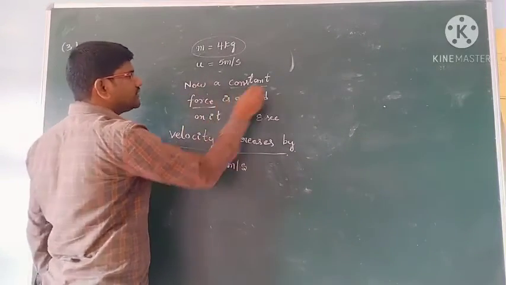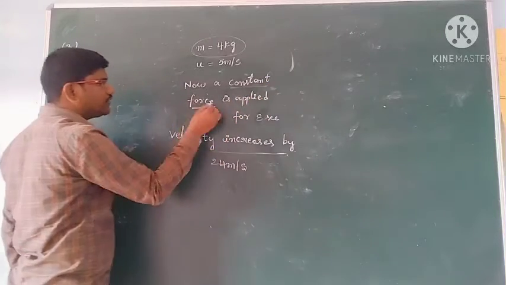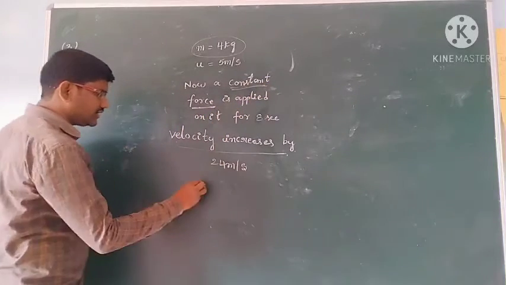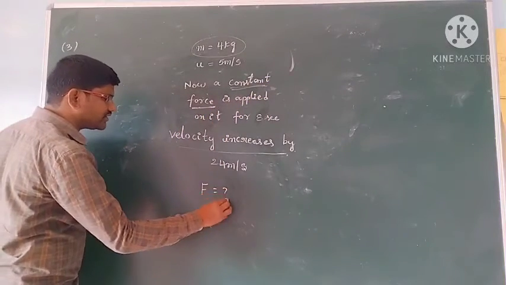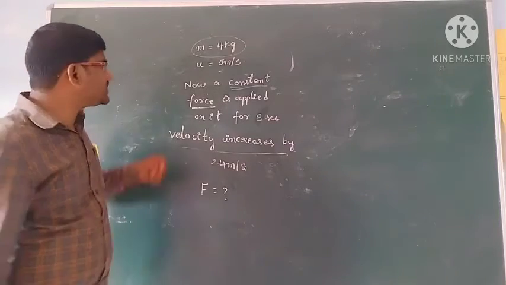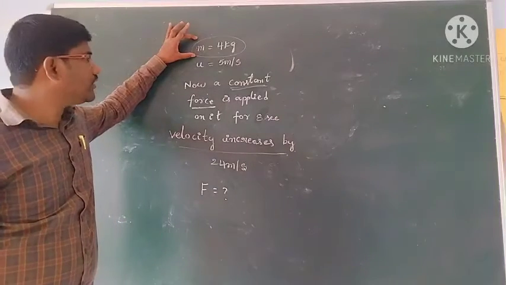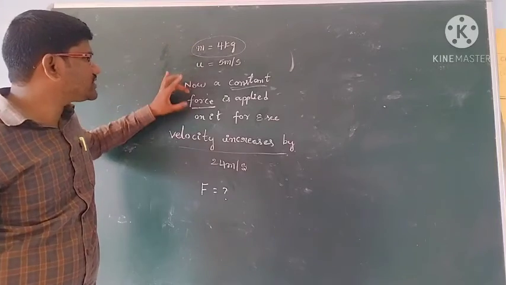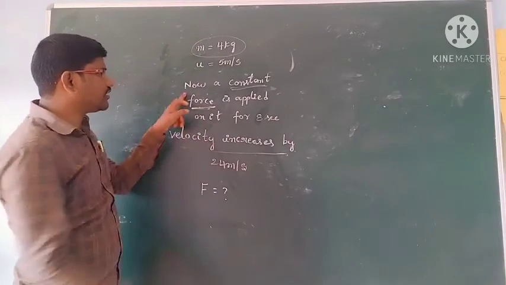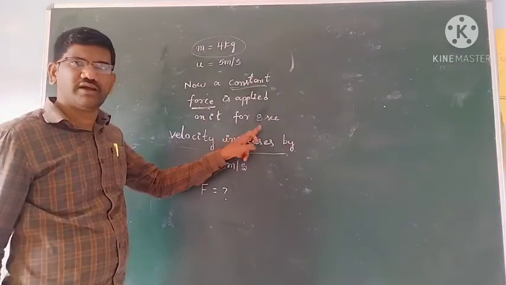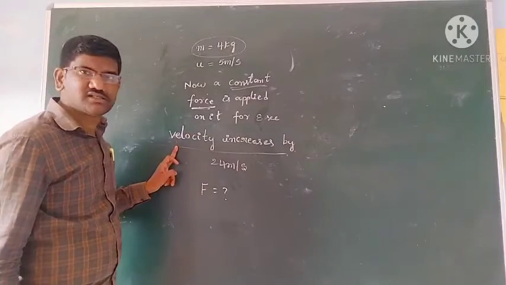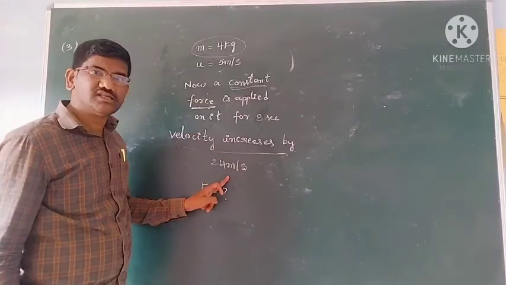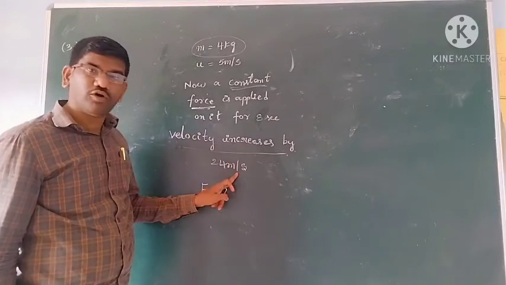I want to find this constant force, so the question mark is F. This is the data. See students, an object of mass 4 kilogram moving with an initial velocity of 5 meters per second. Now a constant force is applied on it for 8 seconds. Because of this, its velocity increases by 24 meters per second.